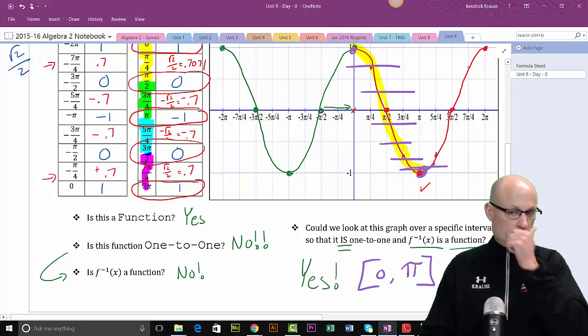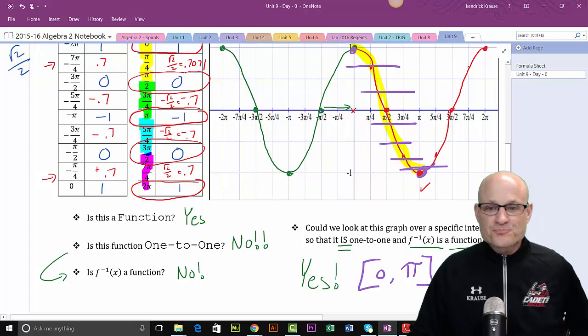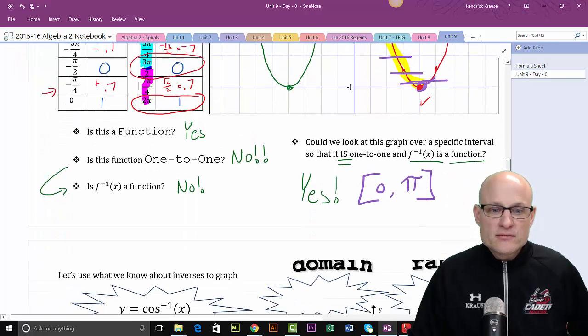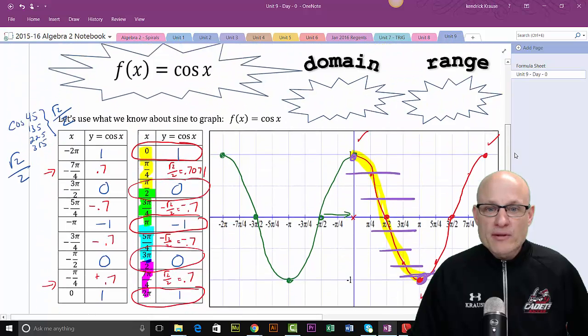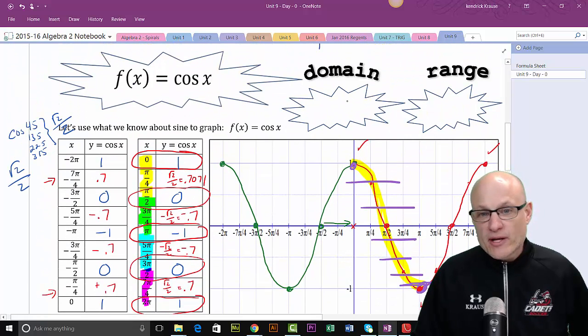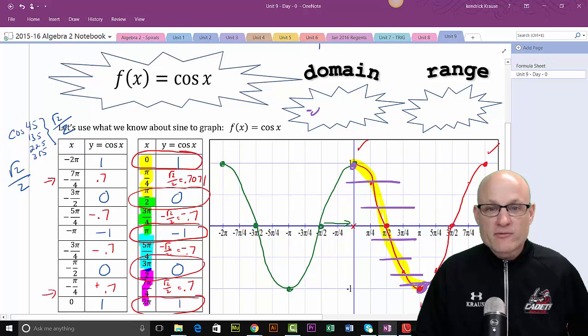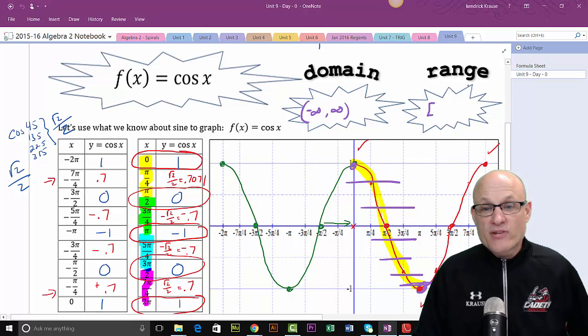Forgot about the domain. You'll notice the domain is from negative infinity to positive infinity. And the range, just like the sine curve, is from -1 to +1.